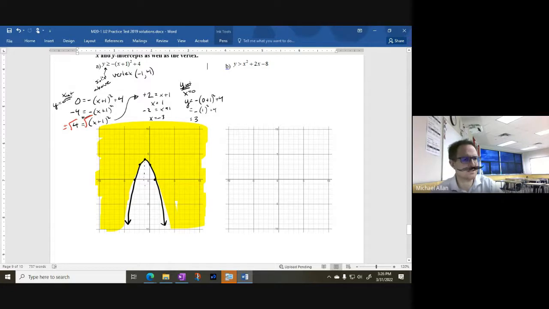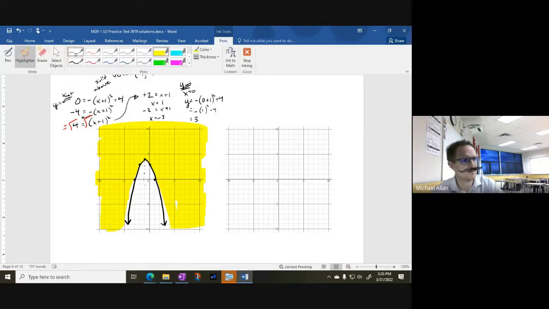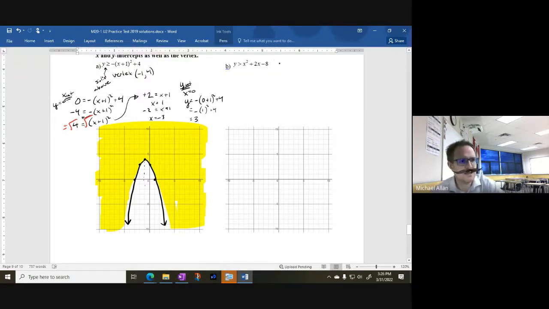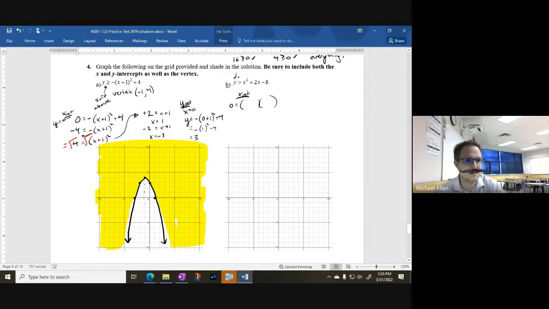If I want to test a dot, but there's a pattern. It holds true. So for this one here, to find my x-intercepts, I probably want to factor. Those would make this equal to 0, so they're technically not part of my solution, so I am going to use a dotted line here. Dotted, okay. So we have 4, we got 2, -2, and a +4.